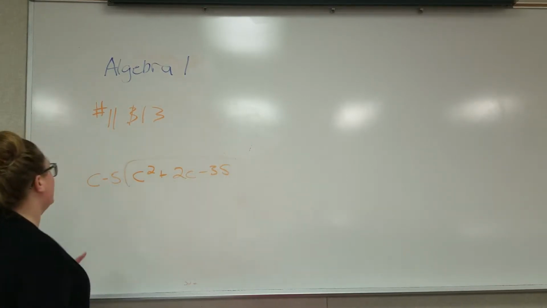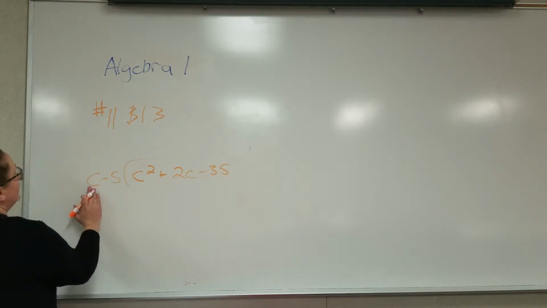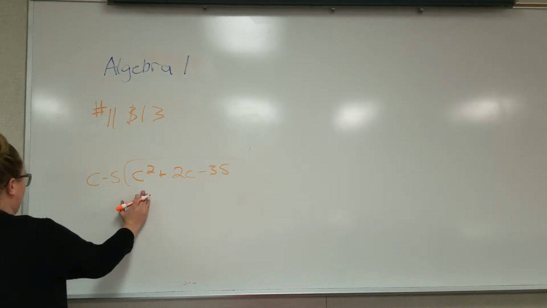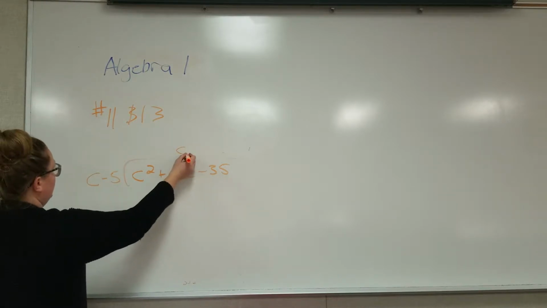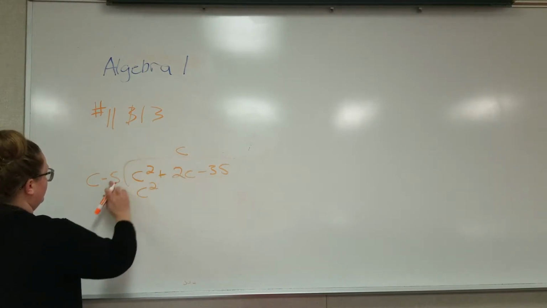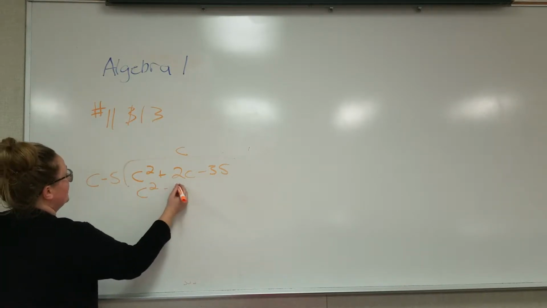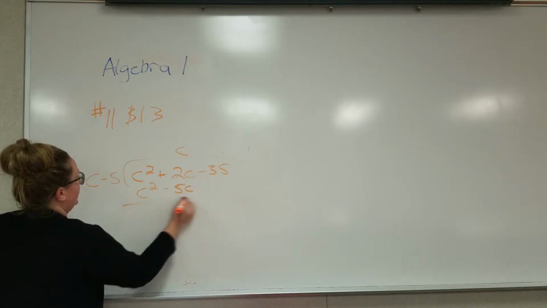So first thing you have to do is make this one match the first term. So what do I have to times c by to make c squared? So just c times c is c squared. Once I've done that, I have to multiply this term by the second term in the binomial. So c times -5 is -5c, and subtract.